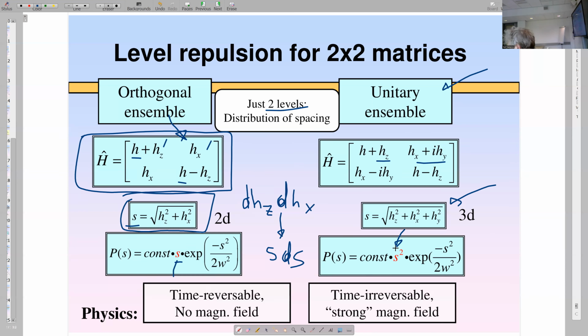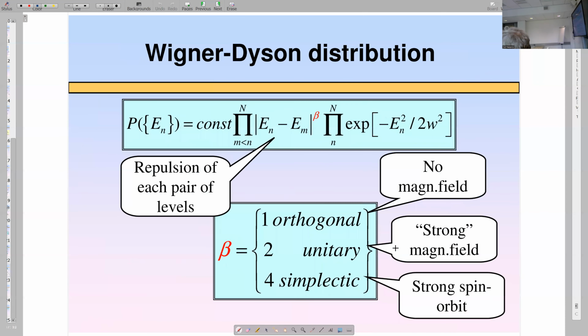Stronger level repulsion. Good, that's what they figured out instantly. The merit is to extend it to matrices of big dimension, actually infinite dimension.